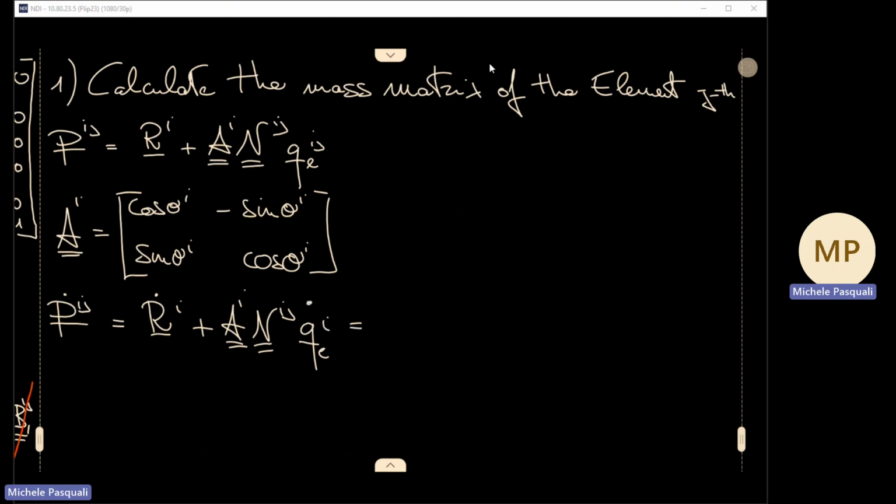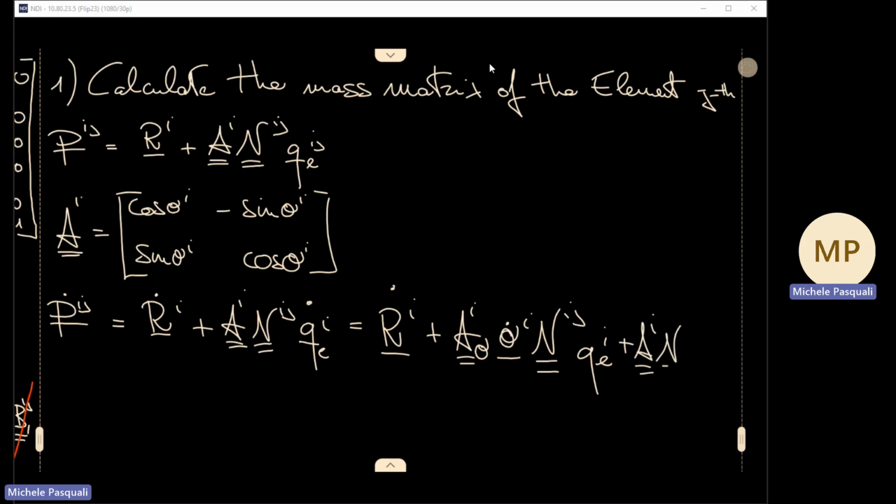And then we can further specify this as R I dot plus A I theta times theta dot I times N I J Q E I, plus A I N I J and Q E I dot.